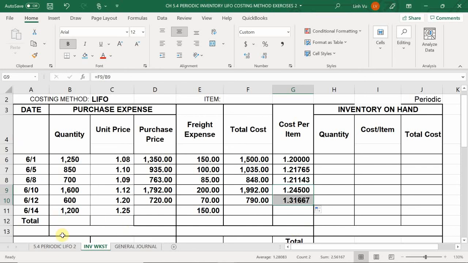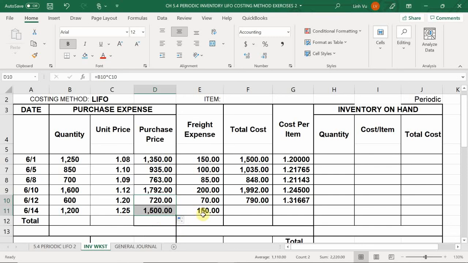Last one here. Then on June 14, we purchased 1,200 units at $1.25 each. So what's my total purchase price here? $1,500.